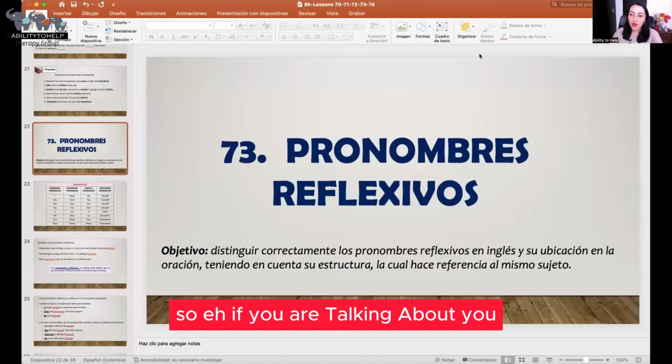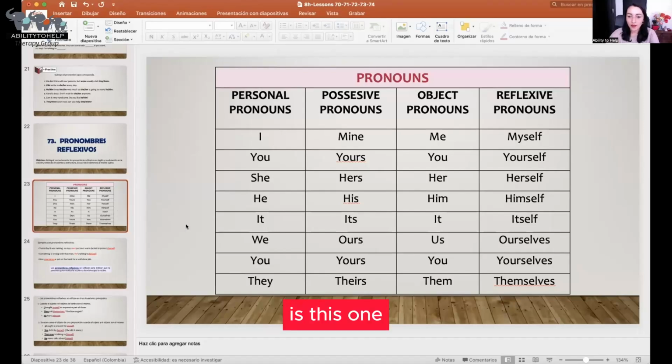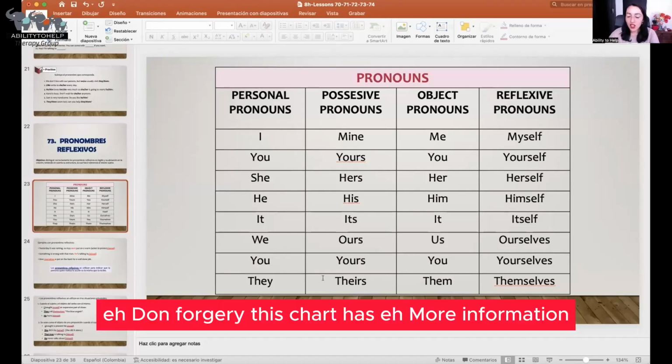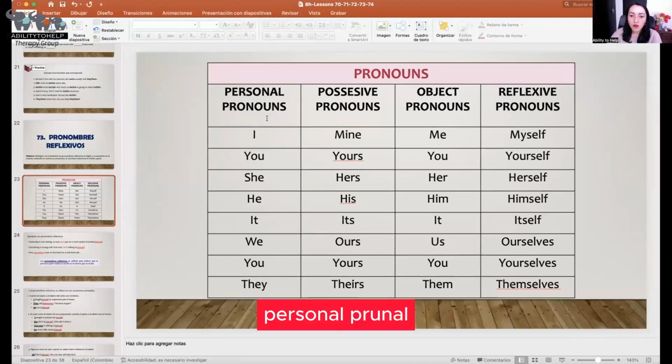So if you are talking about you and you are subject and object, you have to add the reflexive pronoun. So let's see, is this one. Don't forget it, this chart has more information. Personal pronoun, possessive pronoun, object pronoun, finally, the reflexive pronoun.